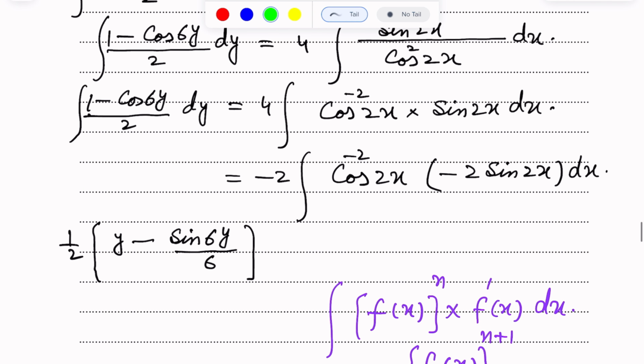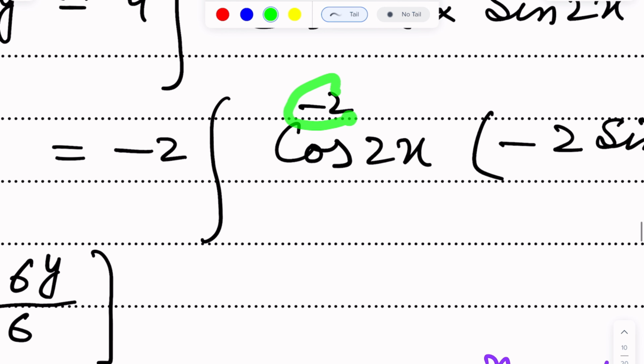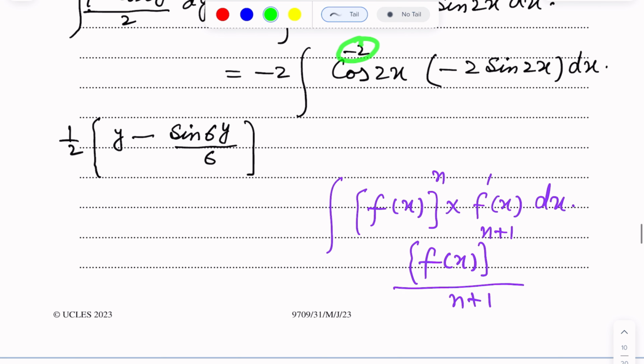Now we have already written this in the format of this formula. This is a function, power is minus 2, and this is the derivative of cos 2x. So we will add 1 in the power and write the same in the denominator using this formula.